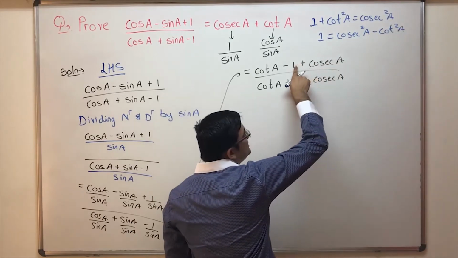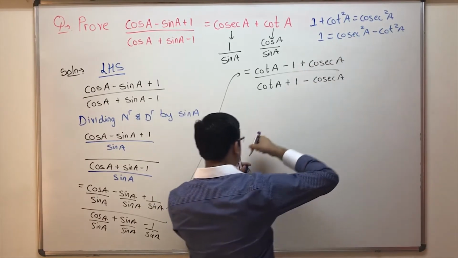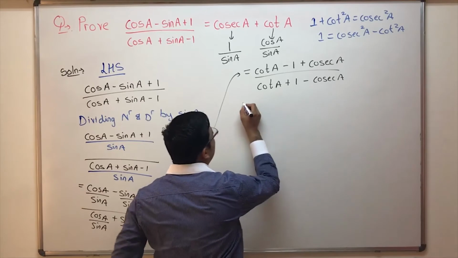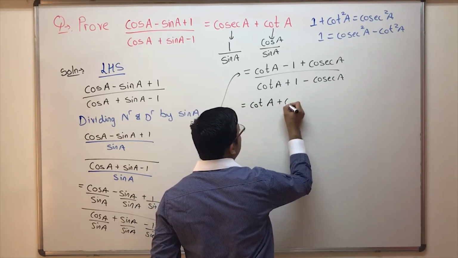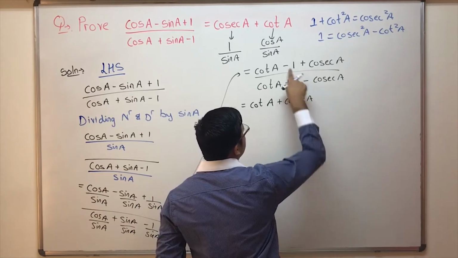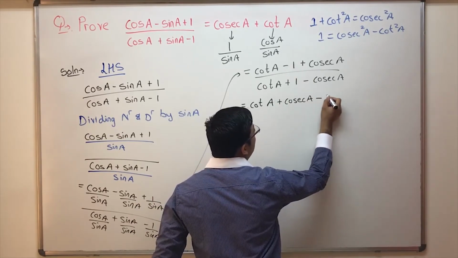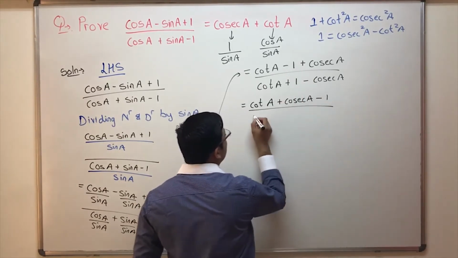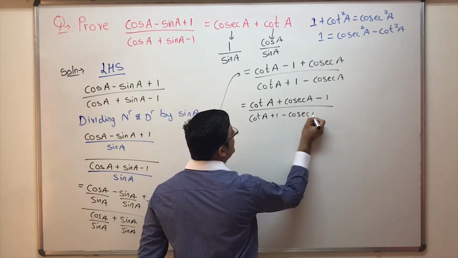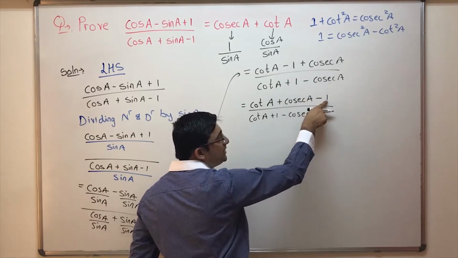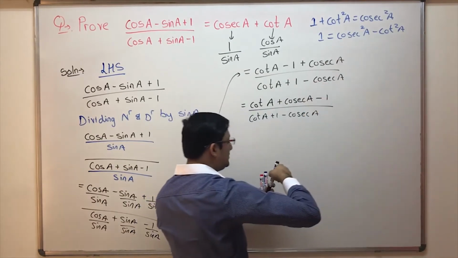So we're going to replace this 1 over here by this identity. So we have cot A plus cosec A minus 1 over here upon cot A plus 1 minus cosec A. I just brought this together. So this 1 I'm going to replace by this identity over here.